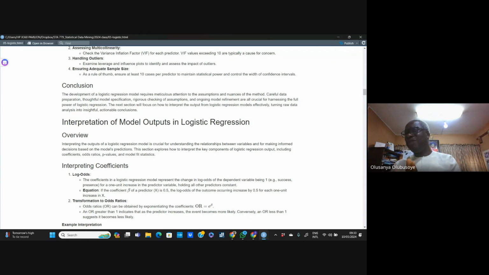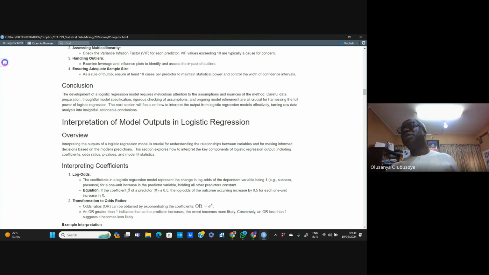So you are recoding the original one. The string one, you are recoding it now to numbers 0, 1. So it's not changing anything, only that you are converting the string word or text to numbers, 1 for appreciation and 0 for depreciation.